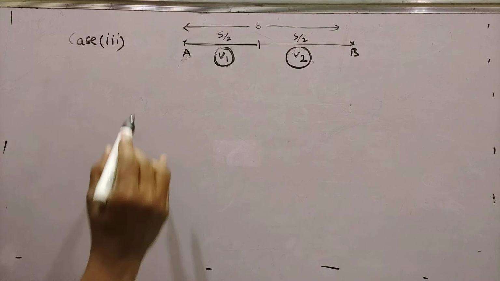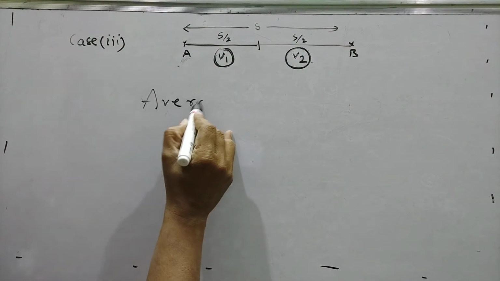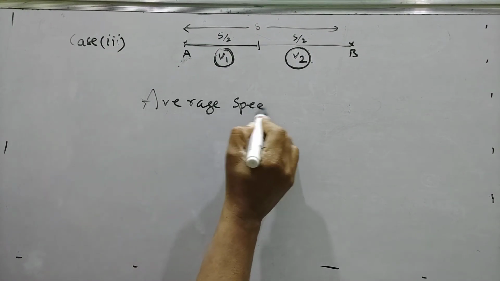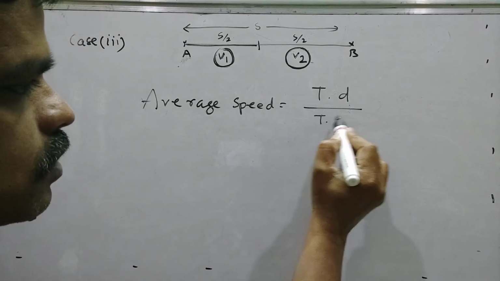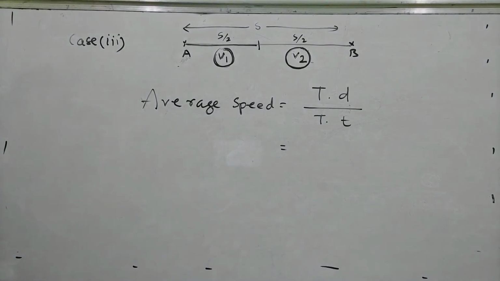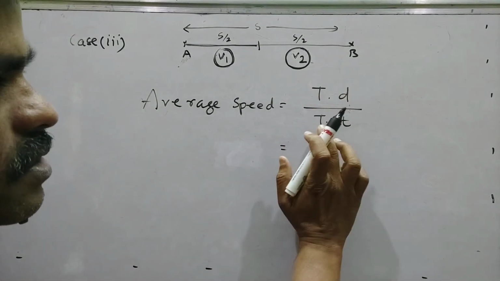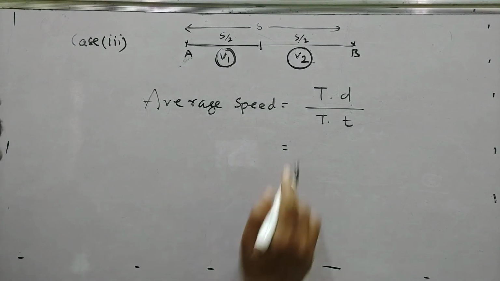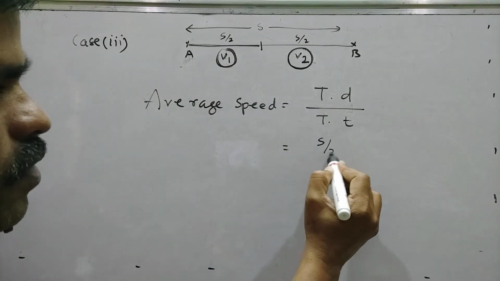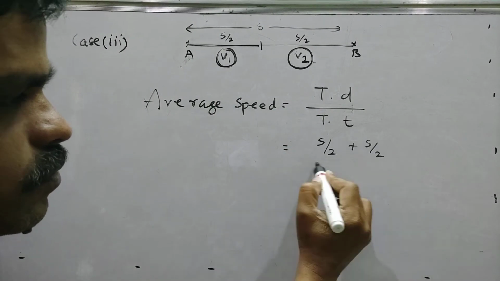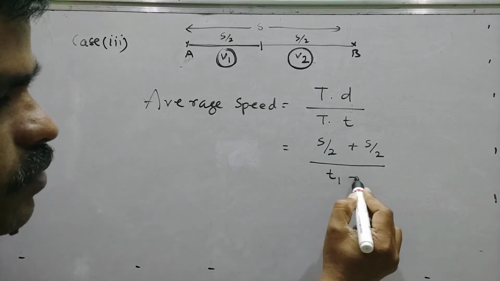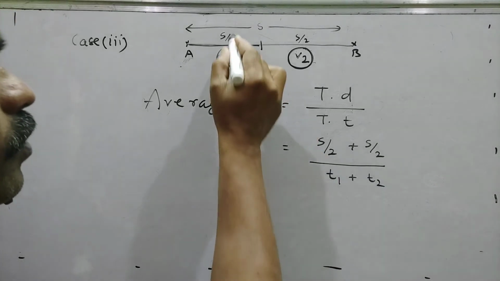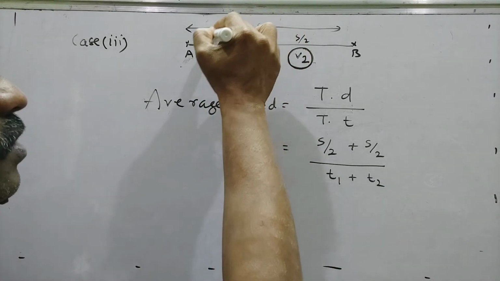So in this case, average speed equals total distance by total time. Now the distance is S by 2 plus S by 2. Here actually we want T1 plus T2, but we don't have the time for the first half of the distance.